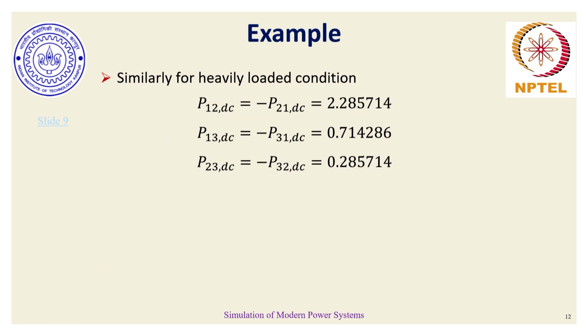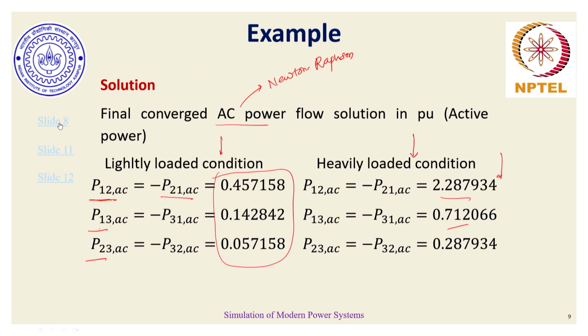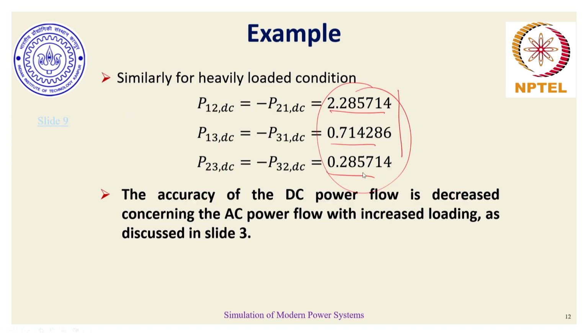For the heavy load condition, if we do the same exercise and find the DC power flow, where the loads at bus 2 and bus 3 are 2 pu and 1 pu respectively, the flows shown here differ from the corresponding AC power flows, which is where the fact comes in that the accuracy of DC power flow goes down as the loading of the system increases.